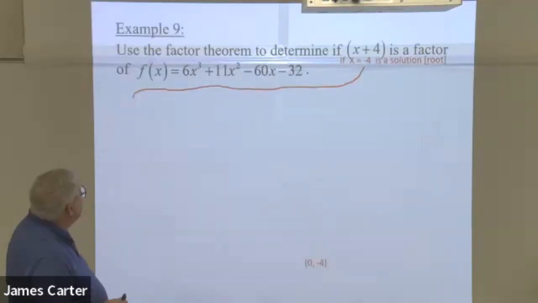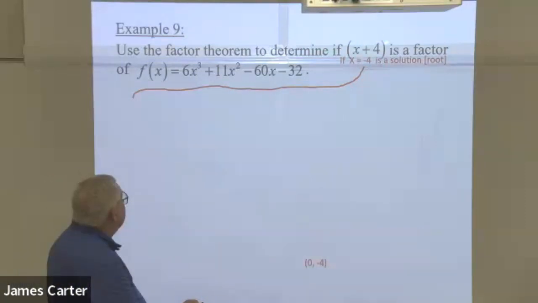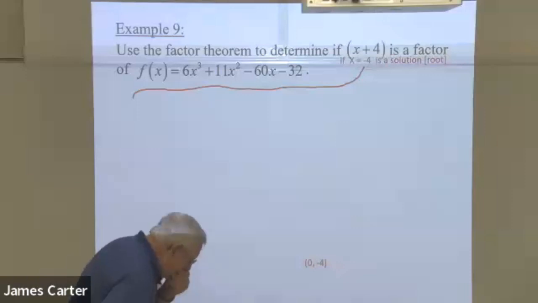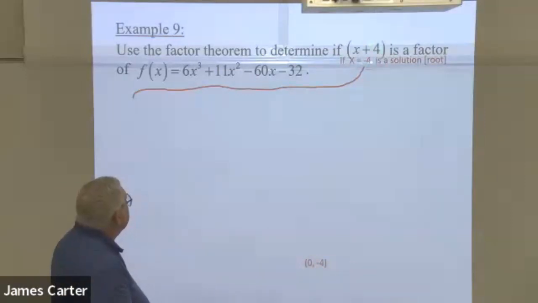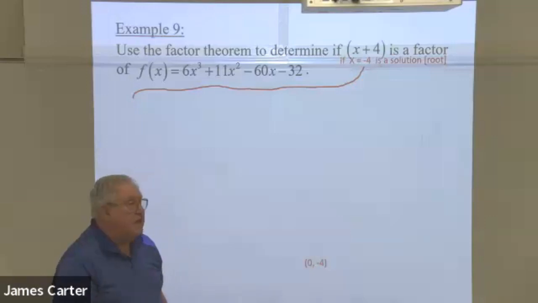Okay, here's another one. In this problem, it tells us we need to see if x plus 4 is a factor. If x plus 4 is a factor that we're trying, then x equals -4 would be the root that we would use for synthetic division.